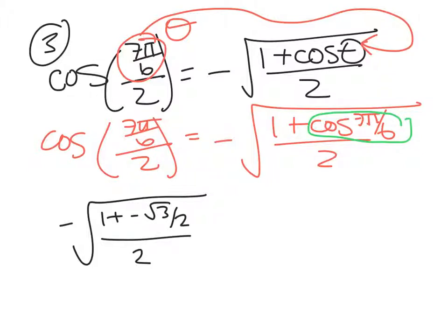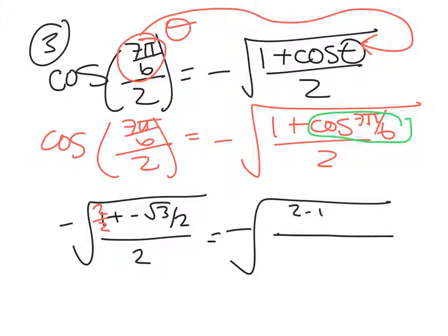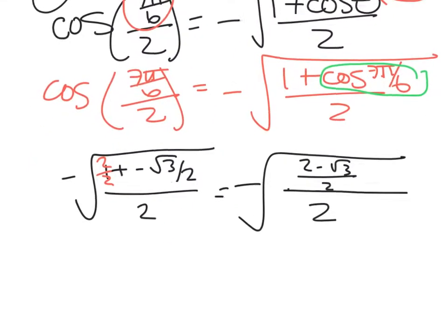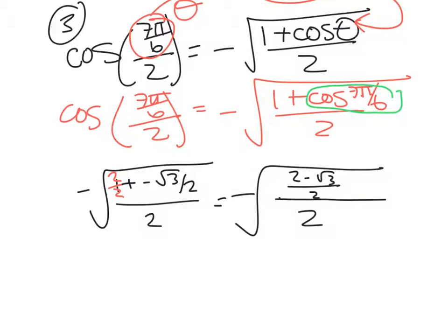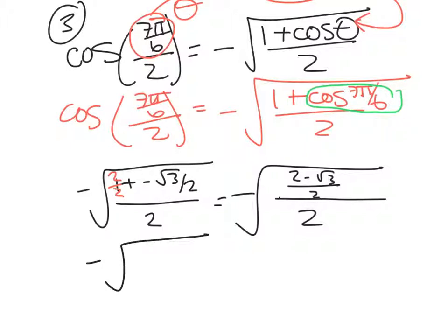And then from here we're just going to do a bit of cleaning up. I'm going to turn 1 into 2 over 2. On top, that's going to give me 2 minus square root of 3 over 2, all over 2. So then that gives me negative square root of 2 minus square root of 3 over 4.